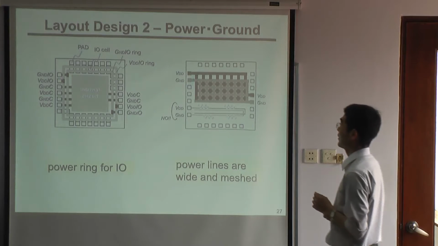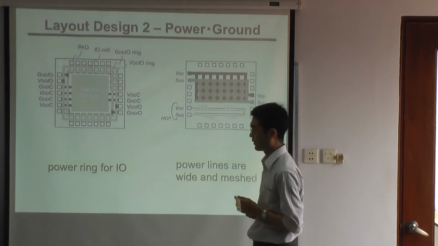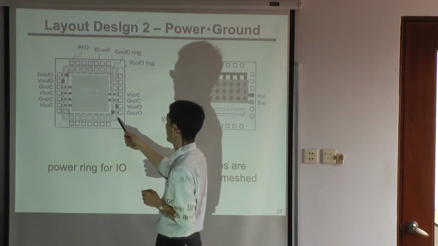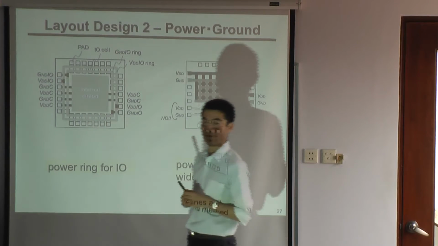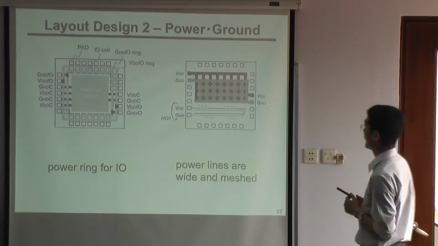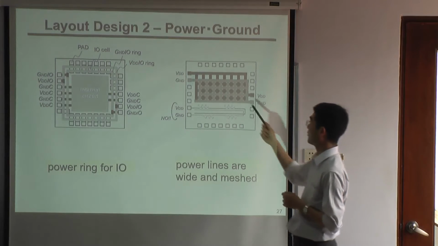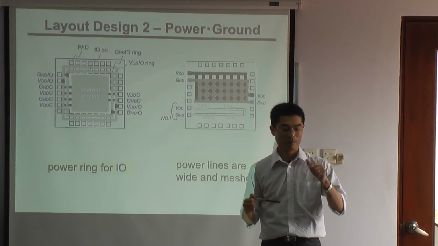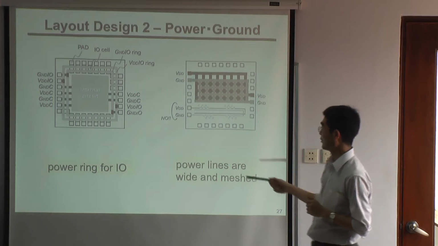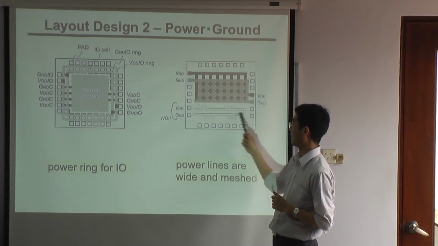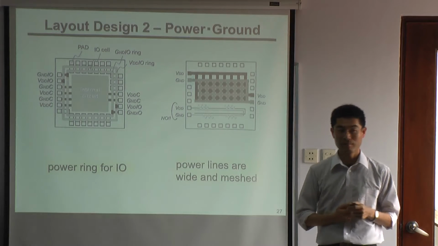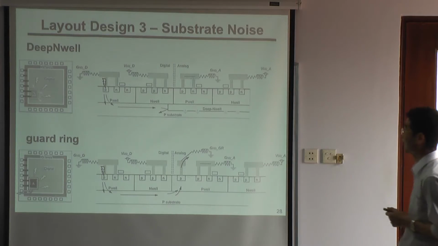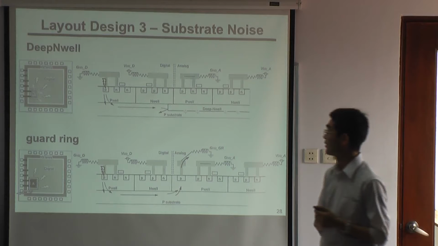And another thing is power and ground. You put the power rings for IOs, and the internal power and internal ground should be meshed with wide metals. You don't make thin metals like this. And then substrate noise.